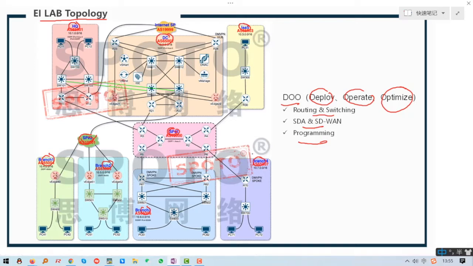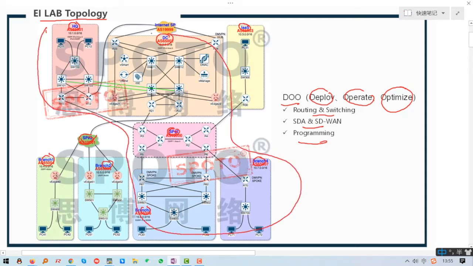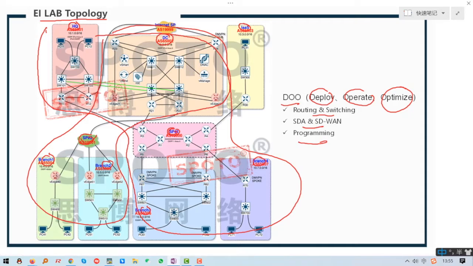Among them, this module is the routing and switching part, which first realizes the whole network communication, and this module examines the SDA and SD1 technology, and mainly manages and configures the equipment of the local area network and wide area network in a unified manner.